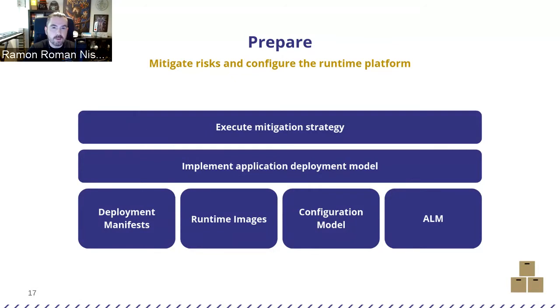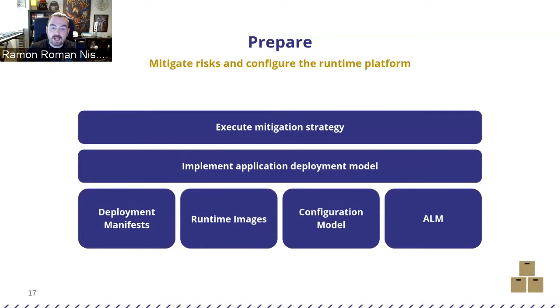So it has two main foundations, I would say. On one side is to actually execute the mitigation strategy that you have designed during the assessment phase. So it's pretty important, as I said, to mitigate the risk as early as possible. So during this phase, you try to come up with solutions for the different risks you have detected in isolation.